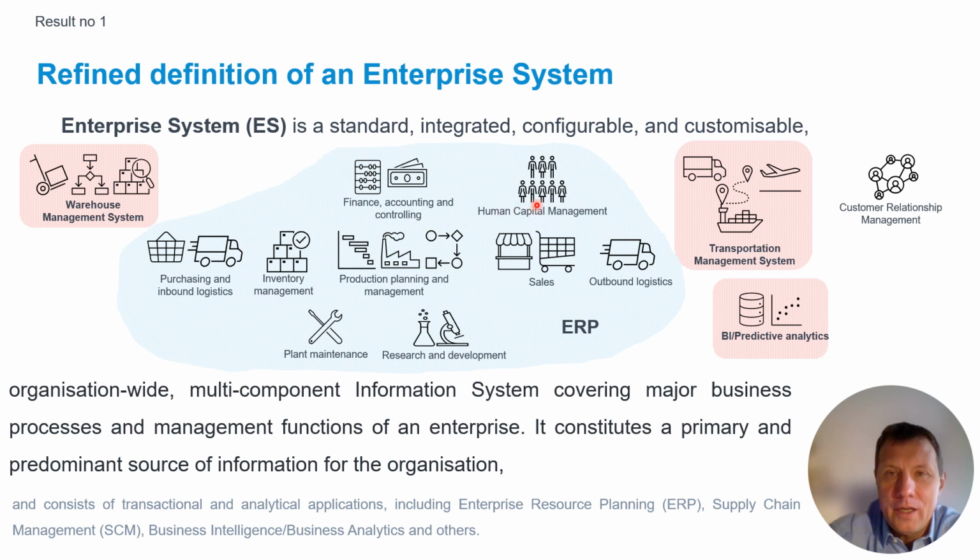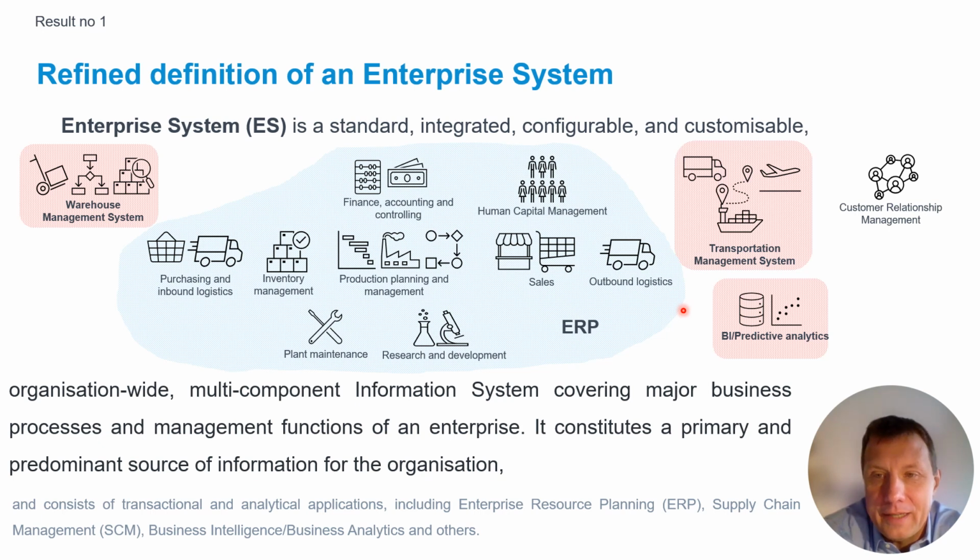You may want to plan and optimize your logistics as well, both inbound and outbound, plan the routes, plan the transportation vehicles and so on, and transportation management systems do that. And of course, there may be some other examples of such systems.